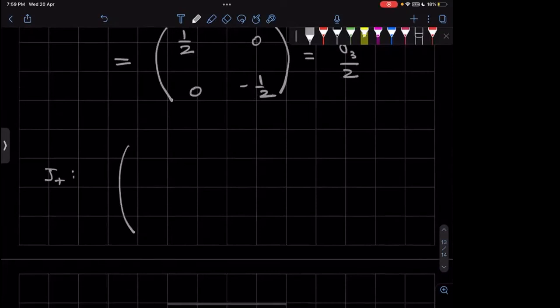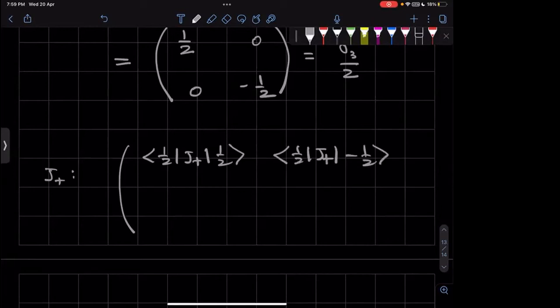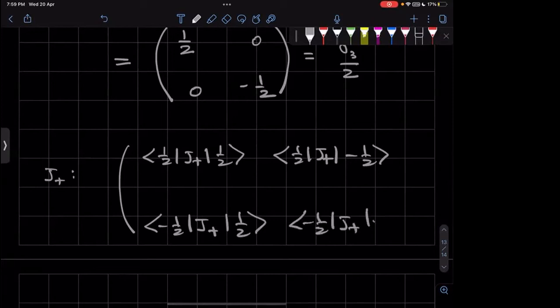So J plus similarly is going to be, there's half J plus half, half J plus minus half, minus half J plus half, minus half J plus minus half.